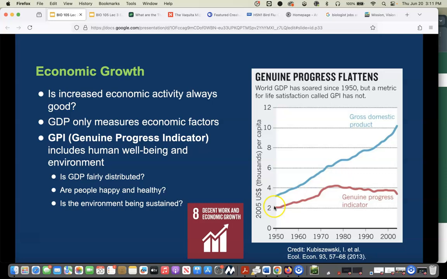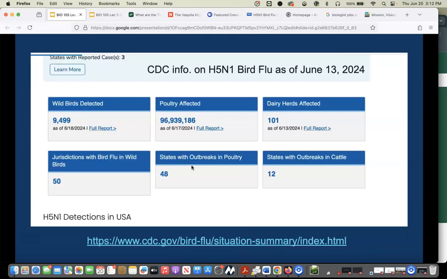However, while the world and the US GDP has soared since the 1950s, the genuine progress indicator has not. It's flatlined. I like the GPI as an indicator of economic growth because it includes these other very important factors. Obviously, if people are happy and healthy, that's a very important factor to include. And is the environment sustained?